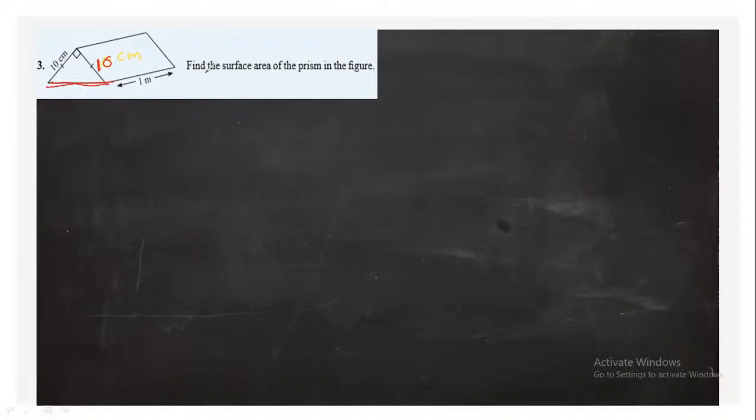This we can take as x. X squared equals 10 squared plus 10 squared. X squared equals 100 plus 100. X equals square root of 200.